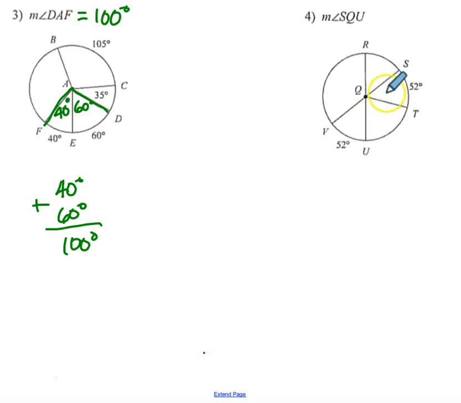All right, let's try one more problem, number 4, the measure of angle SQR. Okay, so here is SQR. This arc is 52 degrees, so the central angle is the same as the arc, 52 degrees, and this arc's 52 degrees, so this central angle is 52 degrees. I need to find this missing part.